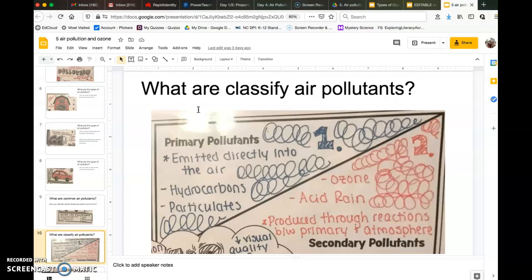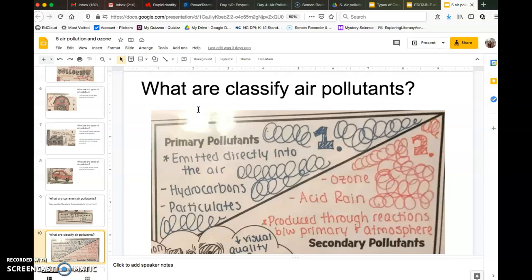So this is another way to classify our air pollutants. Before, we talked mainly about where they come from as far as classifying. In this scenario, scientists have classified them based on how they react with the air itself. So our very first category is primary pollutants. Primary means one.